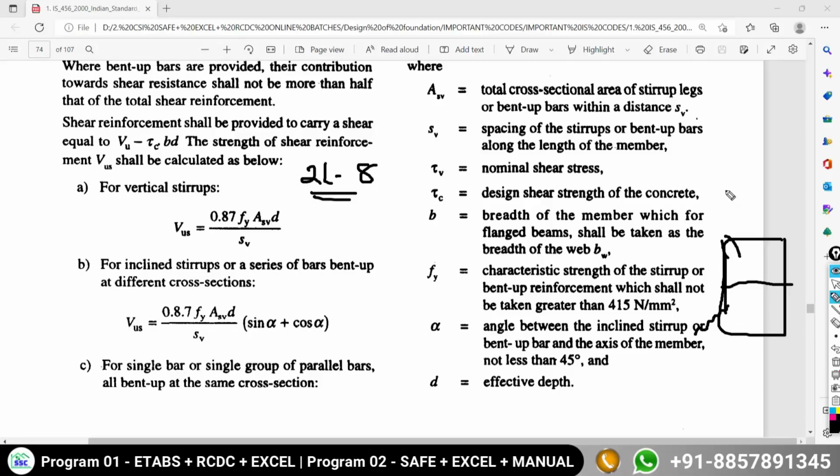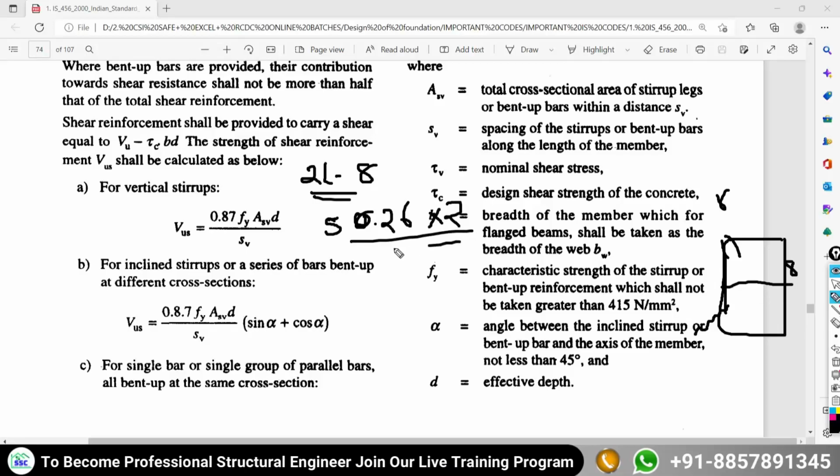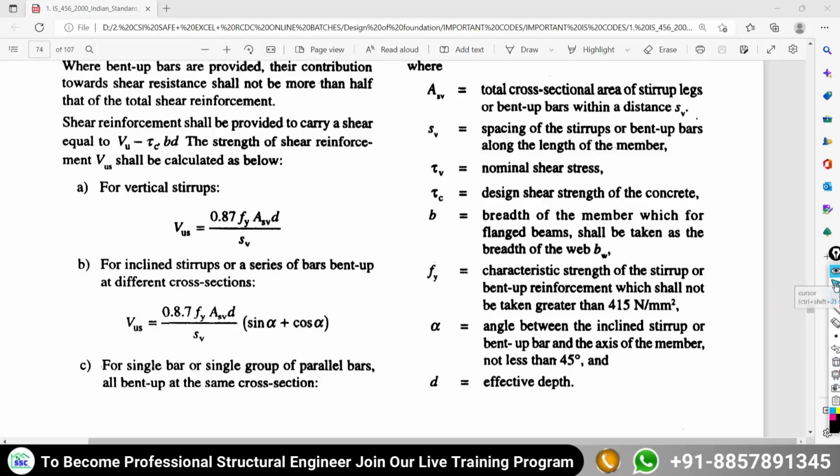One leg is 8 mm dia, this is also 8 mm dia; this complete ring is of 8 mm dia. So 8 mm dia has a unit area of 50.26, and multiplying by 2 legs, we get approximately 100 mm square.